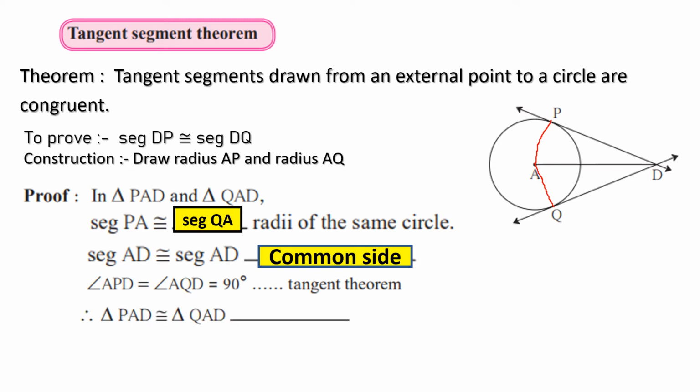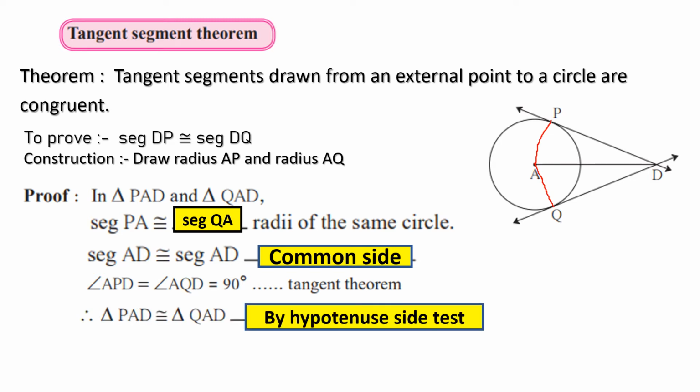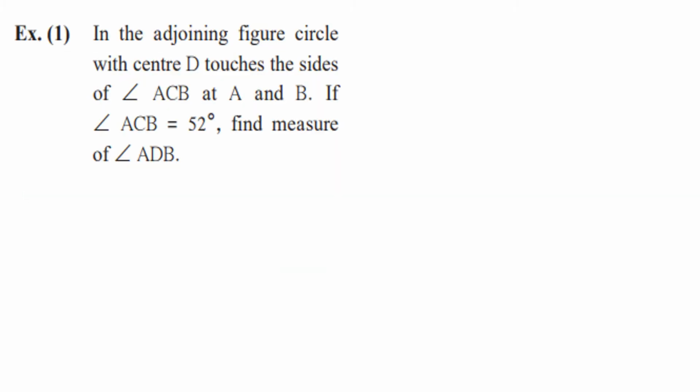So triangle PAD is congruent to triangle QAD by the hypotenuse side test. Therefore, segment DP is congruent to segment DQ by CSCT, corresponding sides of congruent triangles, which we had to prove.